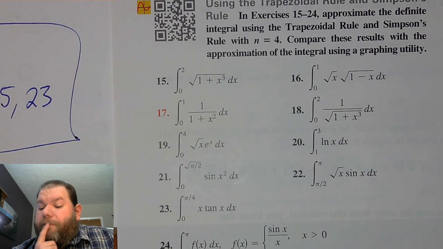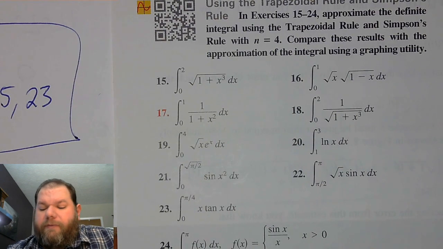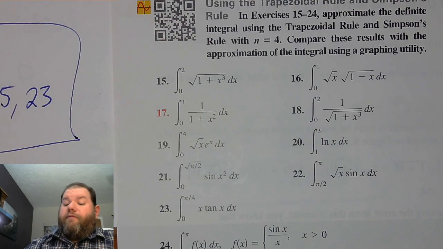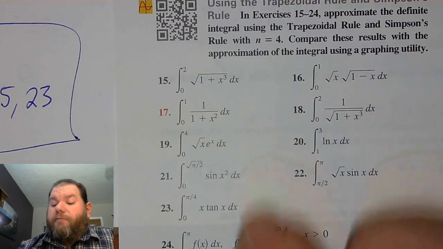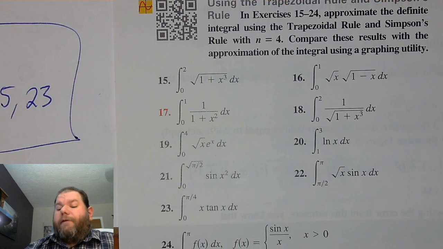Maybe that's not the two problems I want to use. I think it'll be alright. Famous last words. This is just for practice, but I do hope you at least try one of these, if not both. The calculations are going to be a little bit more involved because of the expressions they're giving us here: square root of 1 plus x cubed, and then x tangent x. I know the square root of 1 plus x cubed may or may not be integrable.